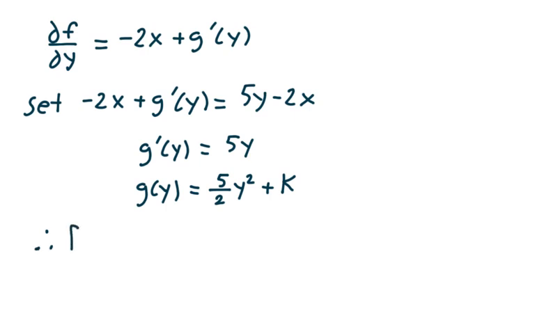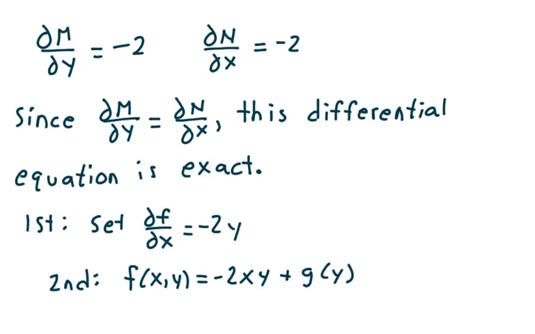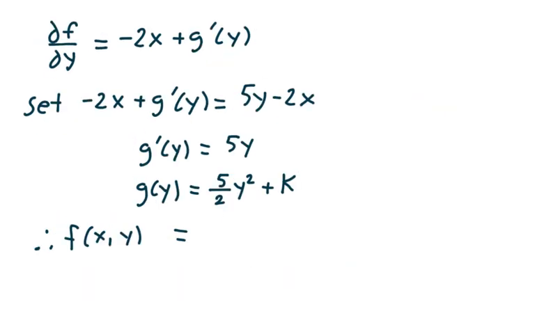And so therefore f of x, y, if we put it all together, right, we get negative 2xy plus 5 halves y squared plus k.